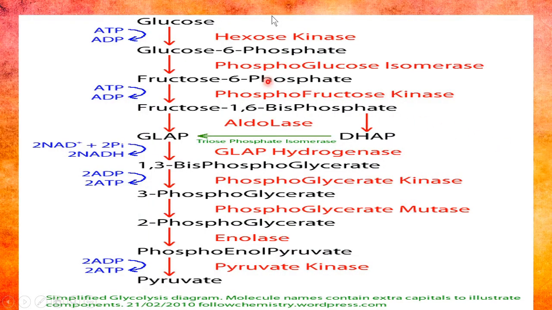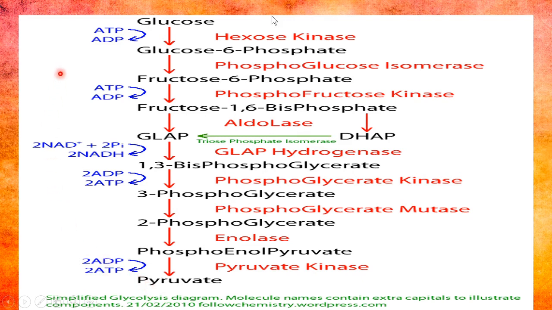This glycolysis consists of two major phases. The first phase is the preparatory phase, starting from glucose to phosphoglyceraldehyde. And the second phase is the payoff phase, starting from phosphoglyceraldehyde to pyruvate.